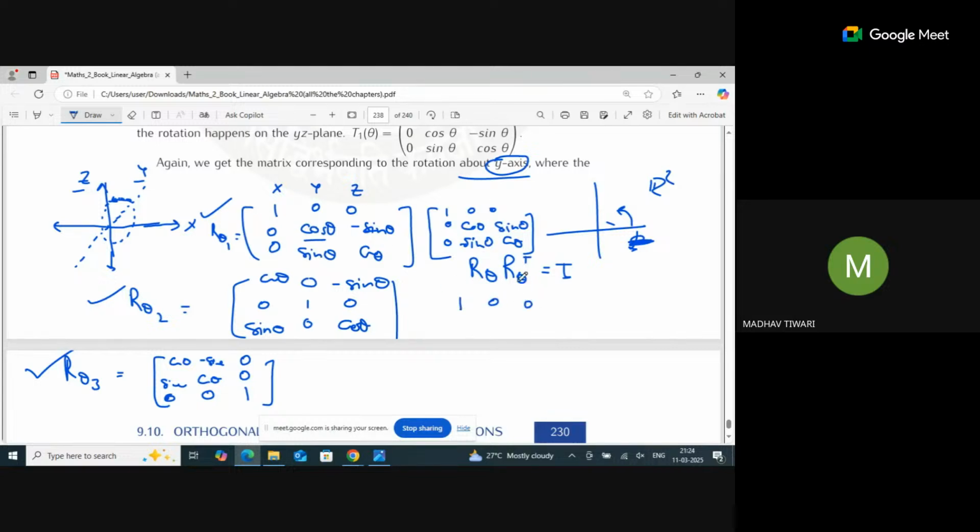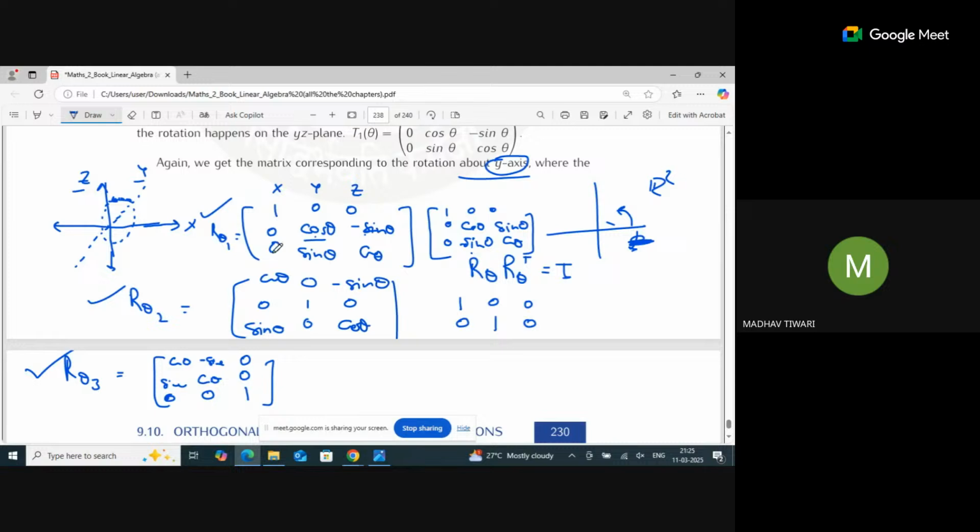First with third, 0. Second row with first column, 0. Second row with second column: cos theta and minus sine theta, it will be 1. For second row and third column, it will be 0.